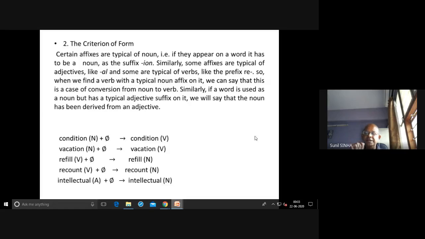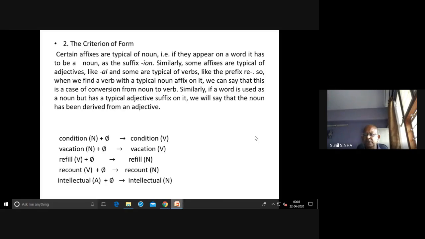What is the proof? I said the criterion of form. Now tell me, ION, this suffix or ending on a word, take any word ending with ION and that will turn out to be a noun. A station, TION, it ends with.